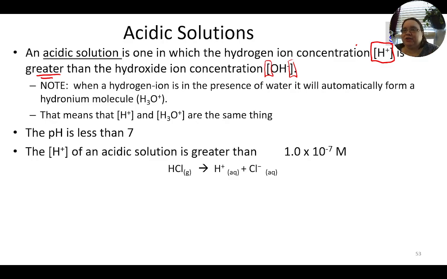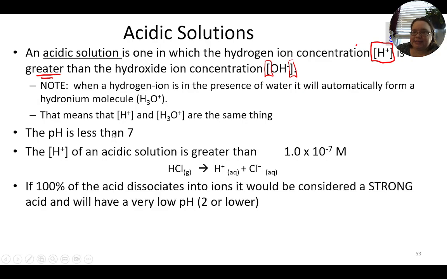So this is an actual example. I've got hydrochloric gas, so we have HCl gas. When we feed it through water, it's going to form hydrogen ions and chloride ions, and it's an example of an acidic solution. It's actually a strong acid. So let me use a term that you may not be familiar with, and that is strong acid.